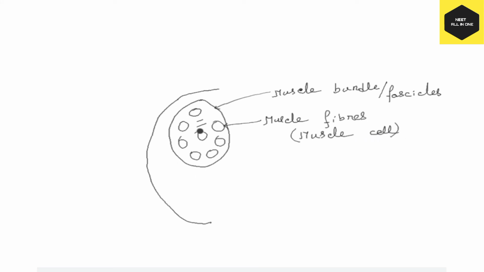Now they have connective tissue in between which is holding the muscle fibers. This is known as fascia. This is nothing but a collagenous connective tissue.